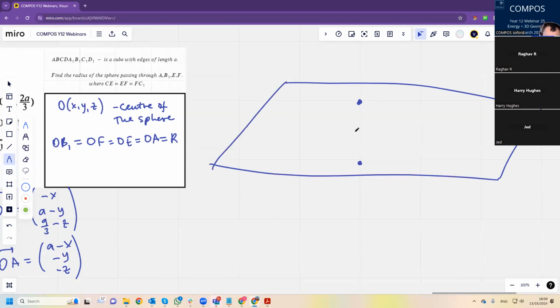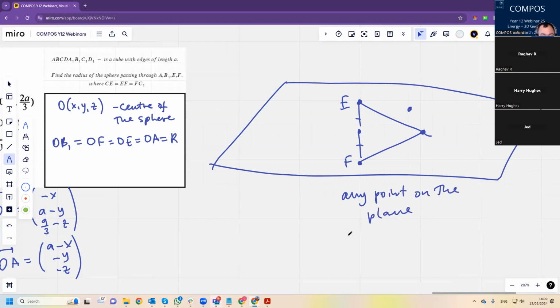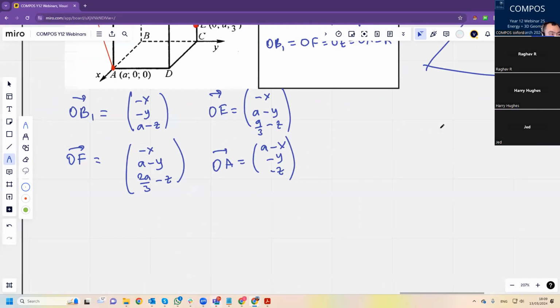It's a plane bisecting these 2 points, and any point you take on this plane would be equidistant from the 2 given points. So if this is F and this is E, any point on that plane is equidistant from E and F. So that's what you can use, OF and OE.